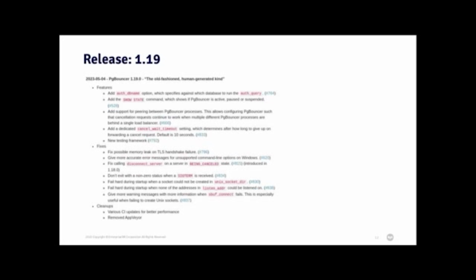One of them is a new parameter called auth_dbname. Basically, this option lets you specify which database you want to run the authentication query. For example, if you are using a version prior to this one, every time you try to authenticate a user, it will use a connection in the same database you are executing the query.